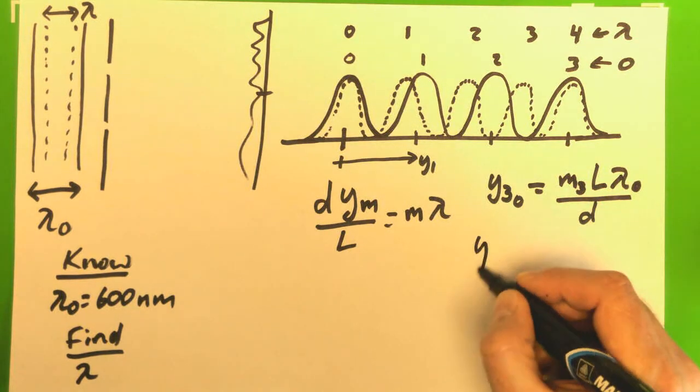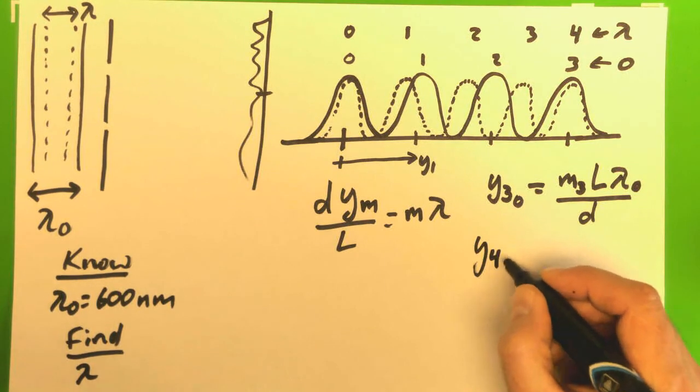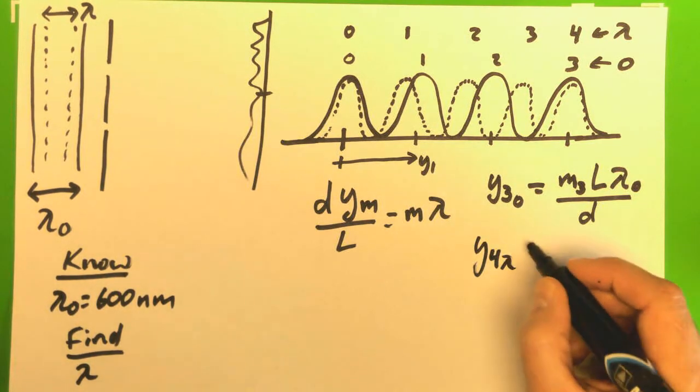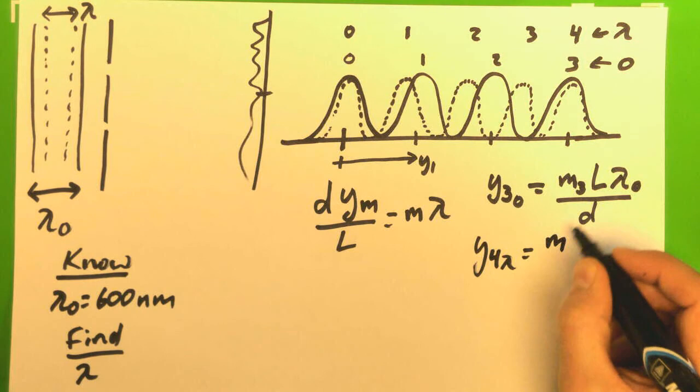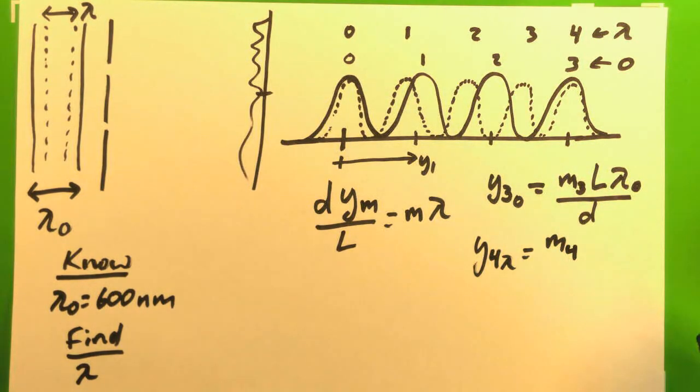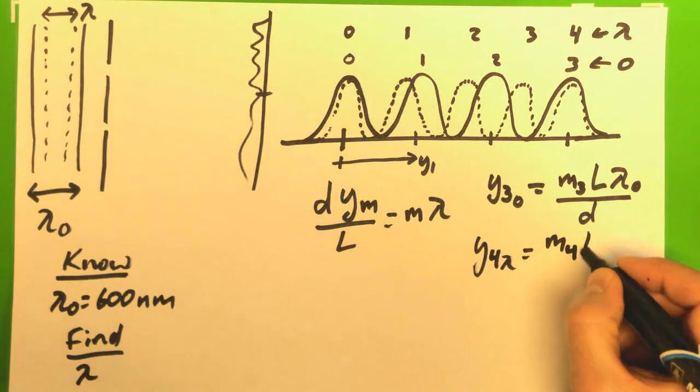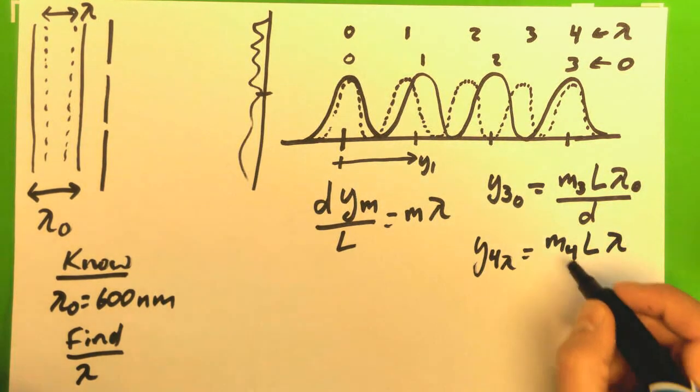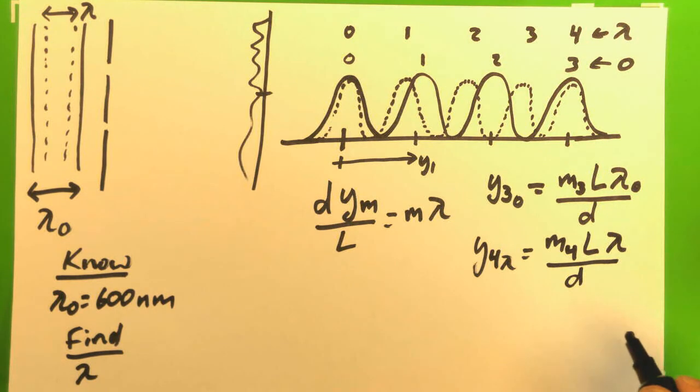So I can write Y of the fourth order maximum for this unknown wavelength as M sub 4, or the fourth order, times L times this unknown wavelength divided by D. And the thing I know is that those are equal.